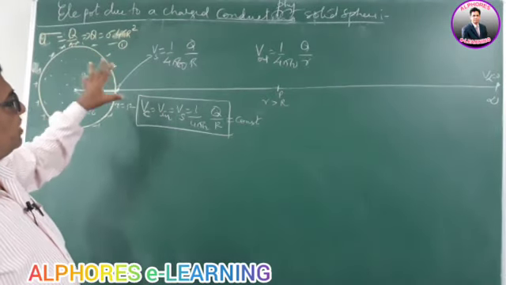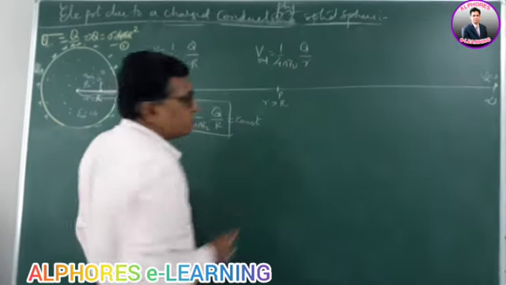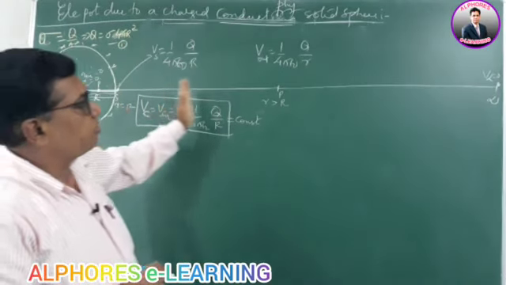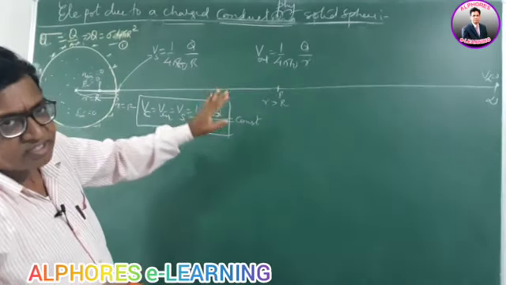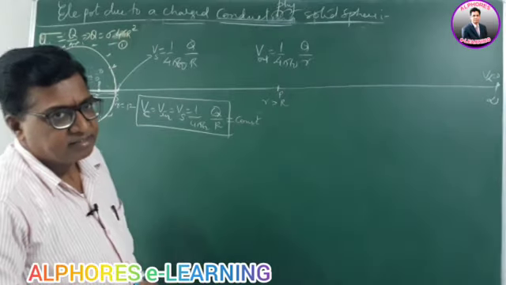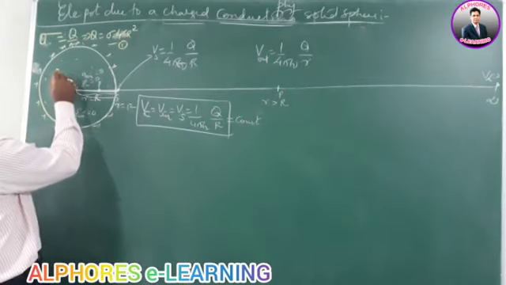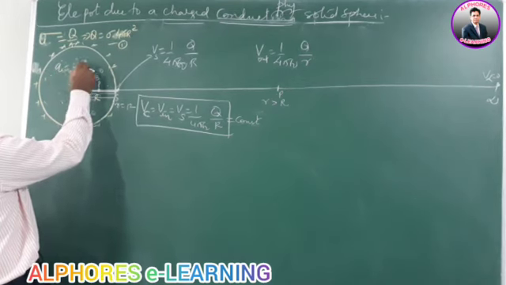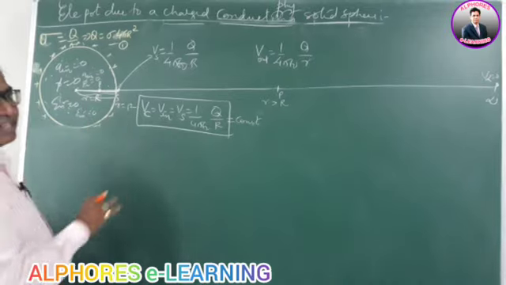Right? So for a charged solid conducting sphere, the potential at any point inside is a constant. Outside, it is 1 by 4 pi epsilon q by r. The potential varies like this. For a solid conducting sphere, inside the sphere charge is 0, flux is 0, field is 0, there are no lines of force.